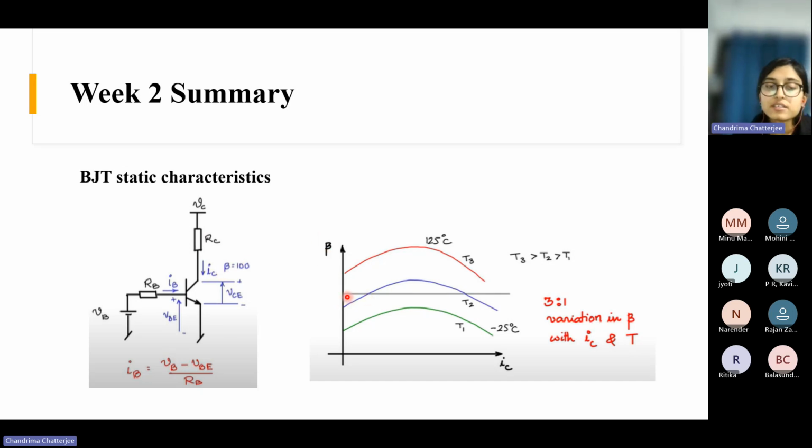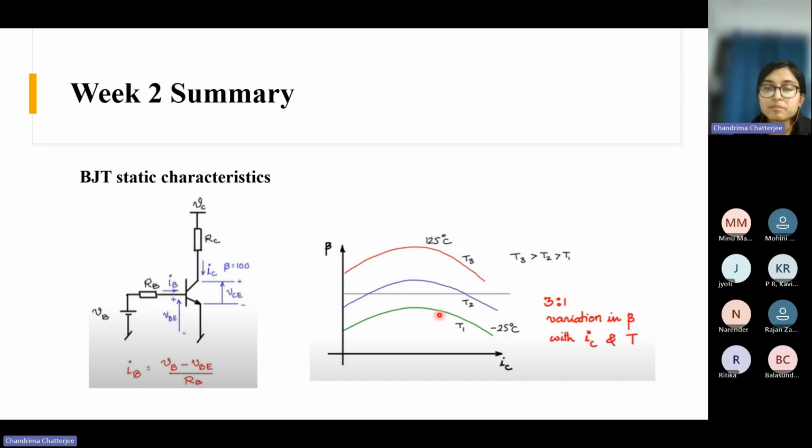You could think that beta is a constant value throughout every operation, but it is not like that. Beta actually varies with the collector current IC. As the collector current increases, beta first starts to rise, then reaches a maximum, and then starts to fall. So this is the characteristic.